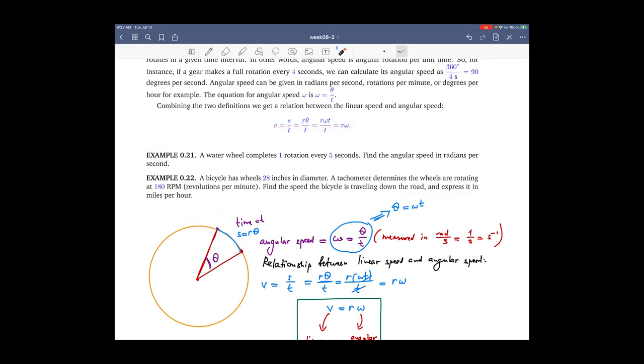In the first of these two problems, we need to find the angular speed in radians per second when a wheel completes one rotation every 5 seconds.